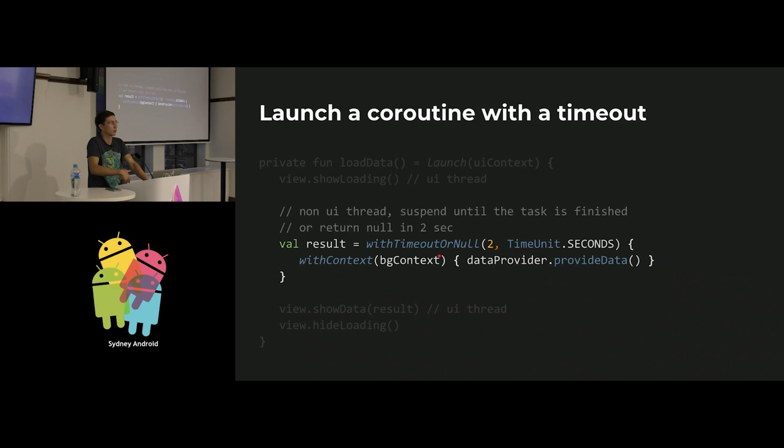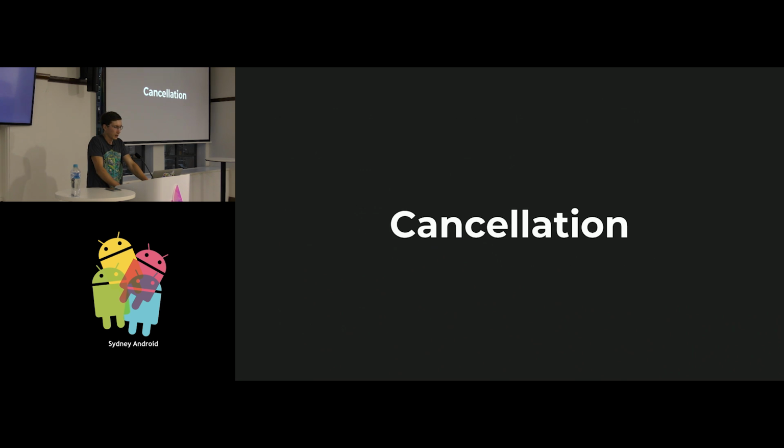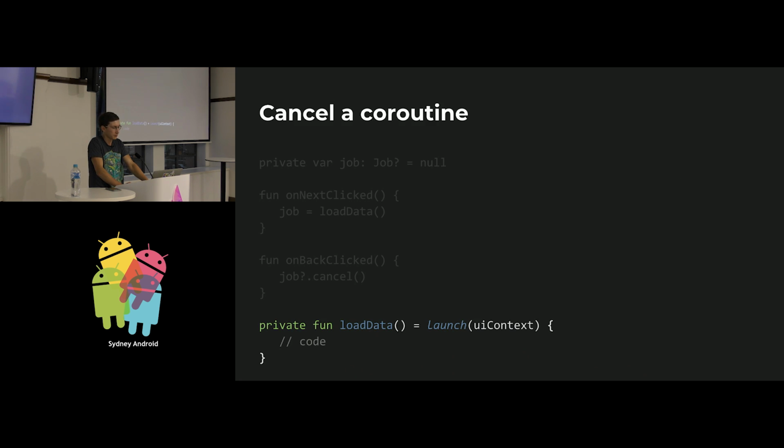So we launch another coroutine, which checks if this coroutine executed in 2 seconds or not. If it takes more than 2 seconds, it will just return null. There are some other convenient functions which you can use, like with timeout, which will just throw an exception in case a timeout occurs.